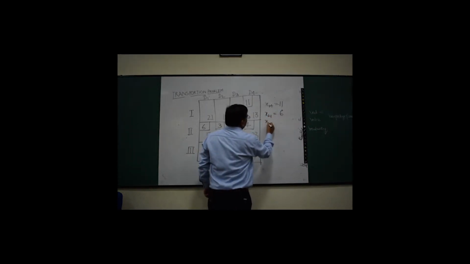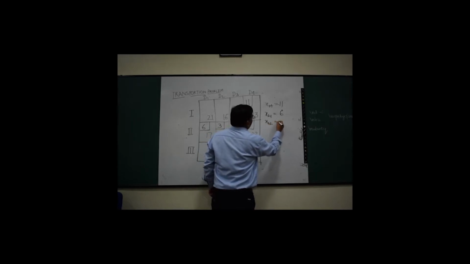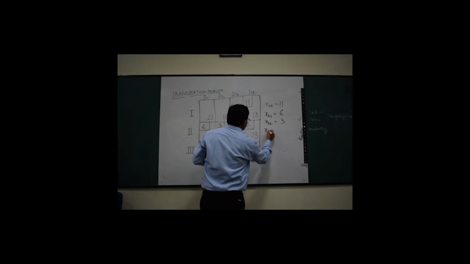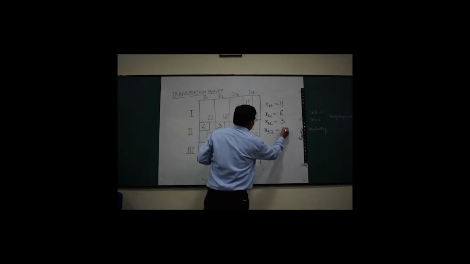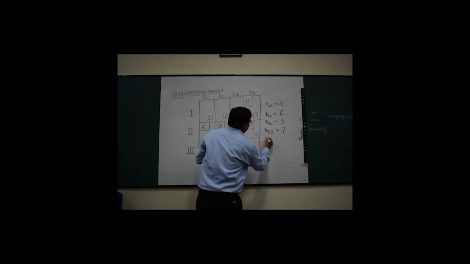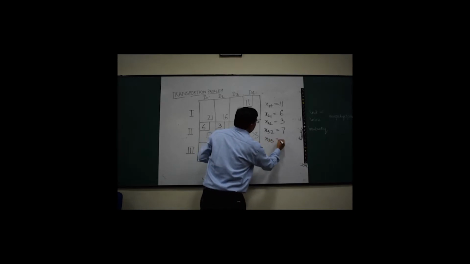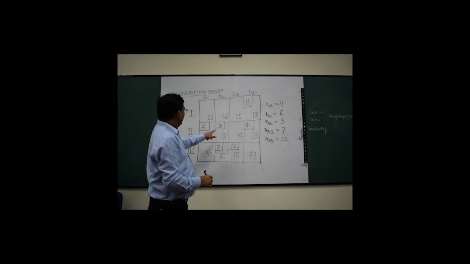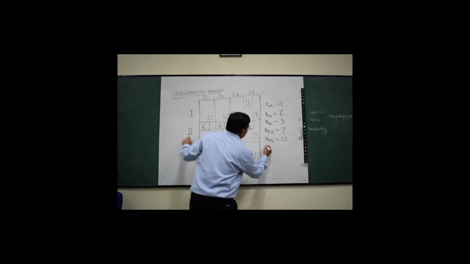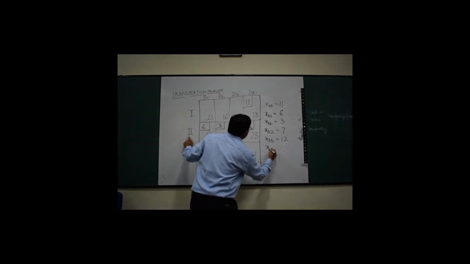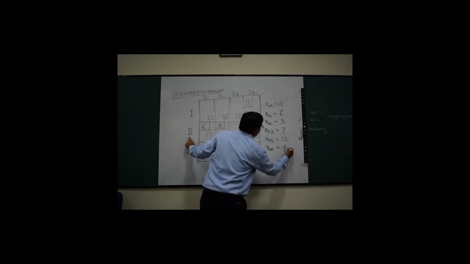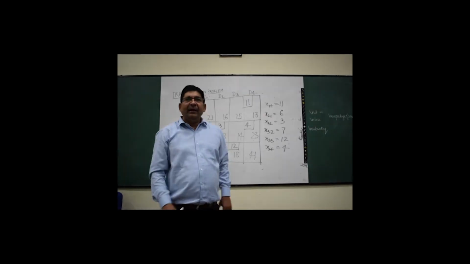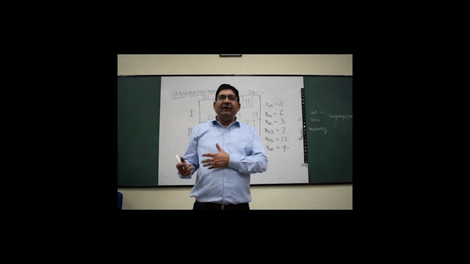Similarly, x22 is 3, x32 is 7 and x33 is 12. One left, x24 is also there, x24 is 4. So we can see that the total number of basic cells is 6, m plus n minus 1 is 6.